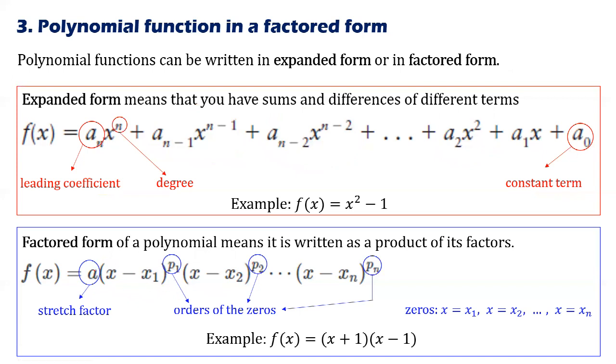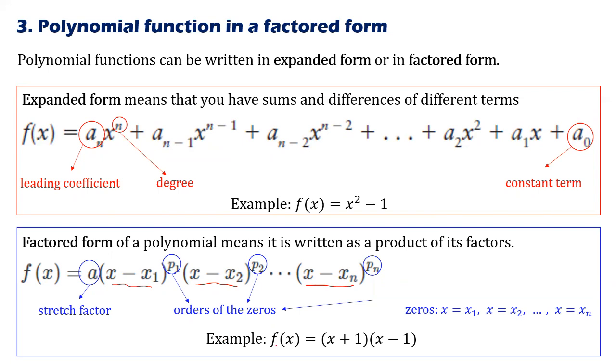And the coefficient here is called the stretch factor. And these are called zeros, right? For each zero, there might be an order. So p1, p2, pn are called orders of the zeros.